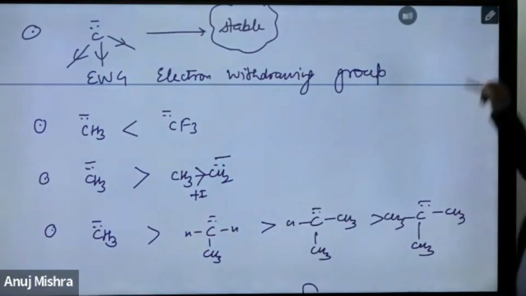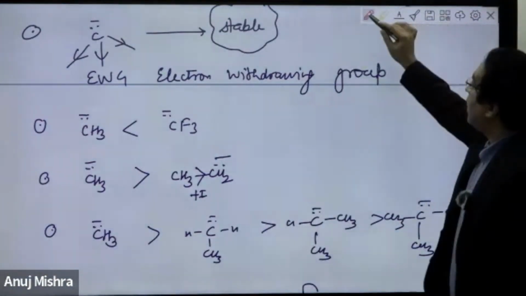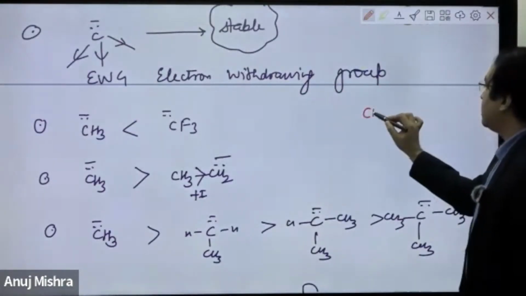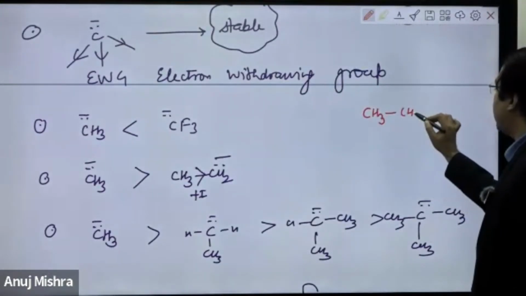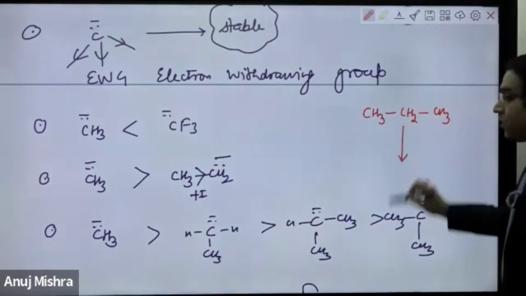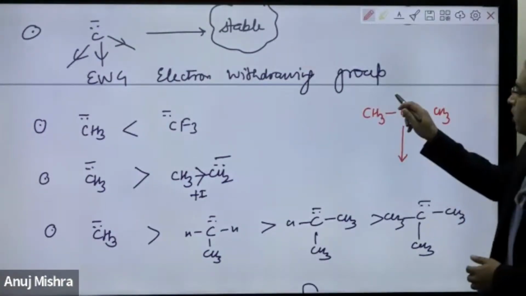Now let me ask a question here. अभी कल ही कोई पूछ रहा था, कहीं पे तो discuss हो रहा था किसी doubt session में. If I give you a question, you have CH3, CH2, CH3. It is breaking heterolytically. Heterolytically, you understand? One will get plus, one will get minus. So how shall I break?